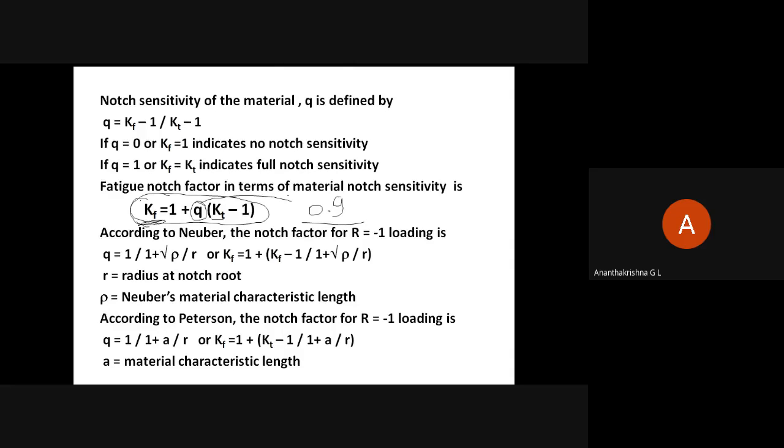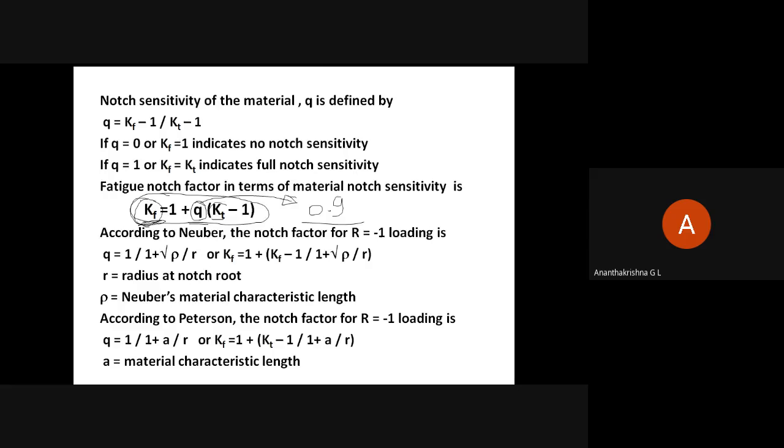The notch sensitivity factor is nothing but the degree to which the presence of a notch would affect the fatigue strength of the component. That is, the fatigue stress concentration factor Kf is equal to 1 plus Q into the theoretical stress concentration factor minus 1.